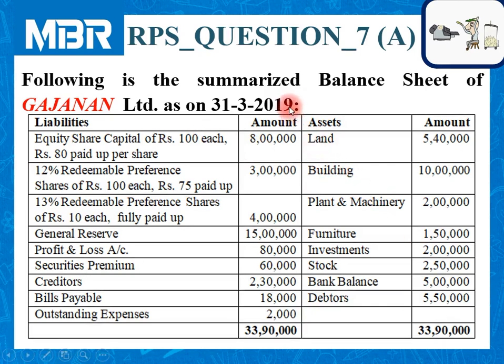If you refer to the liability side of the balance sheet, you will find that equity share capital is given, face value of the share is rupees 100, paid up amount per share is rupees 80. We have two types of preference shares, 12% RPS and 13% RPS.